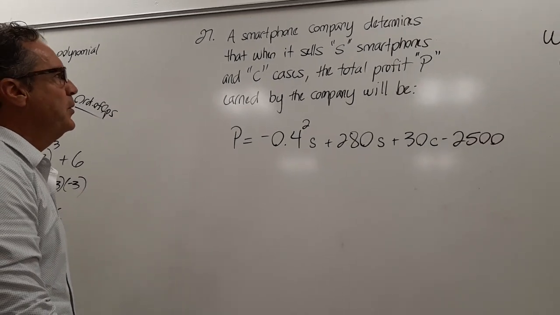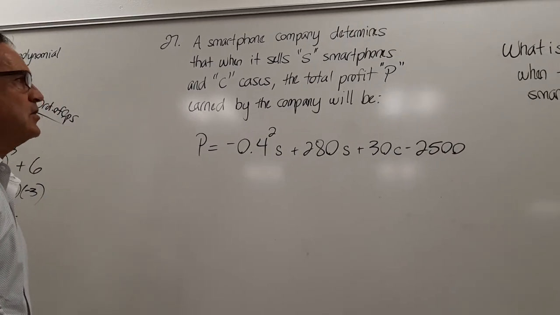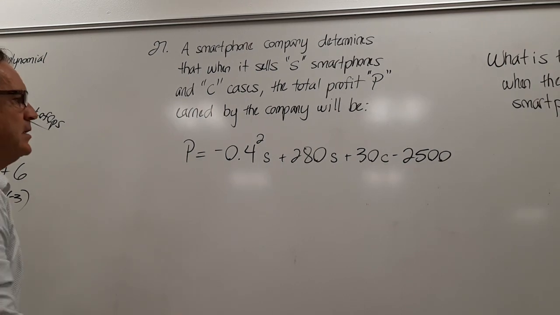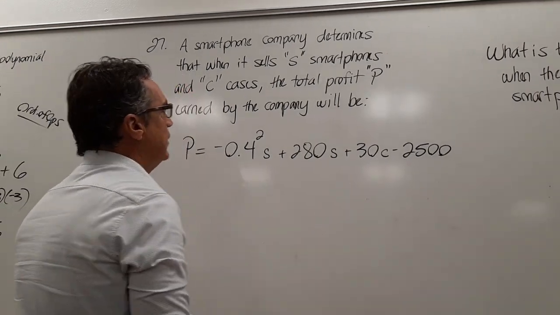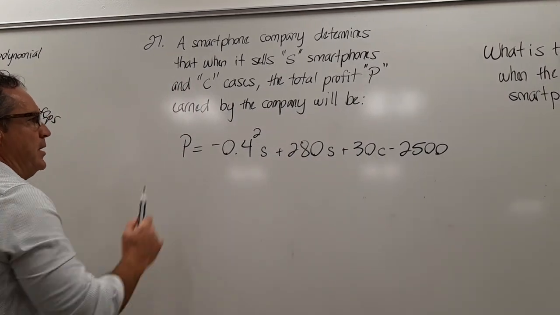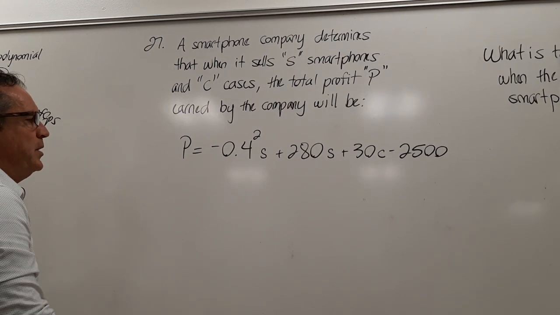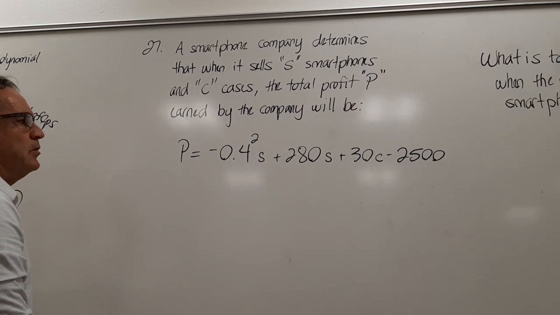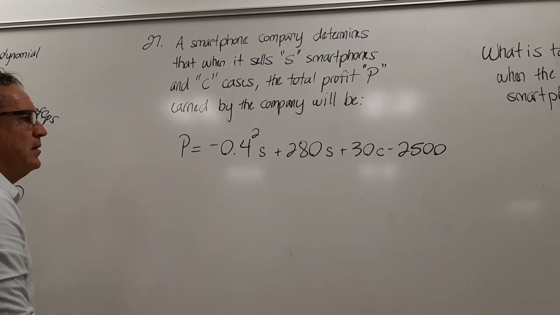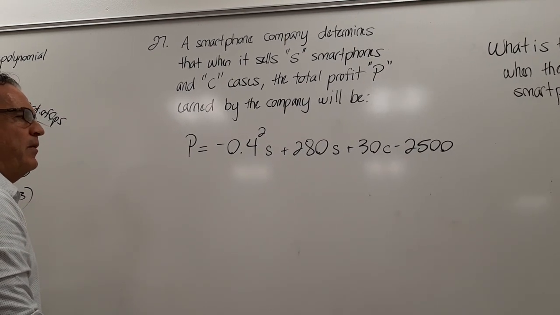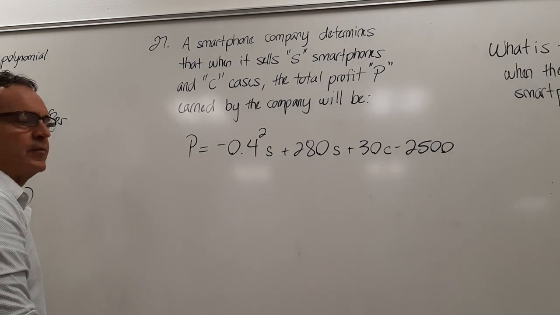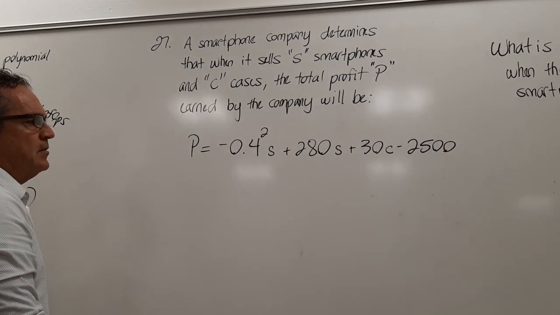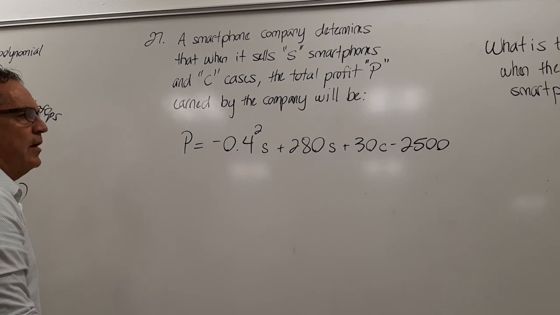A smartphone company determines that when it sells S smartphones and C cases, we have S's and C's here, the total profit, P, earned by the company will be exemplified in this polynomial equation, P equals negative 0.4 squared S. Is that squared by the 4 or the S? It's by the 4. Yeah. Plus 280S plus 30C minus 2,500.